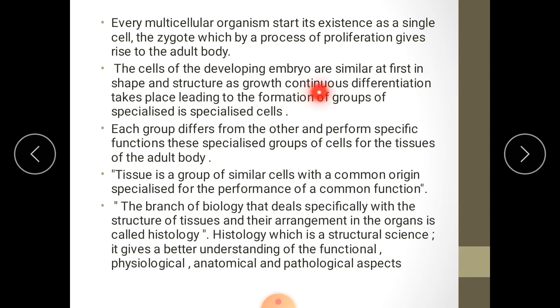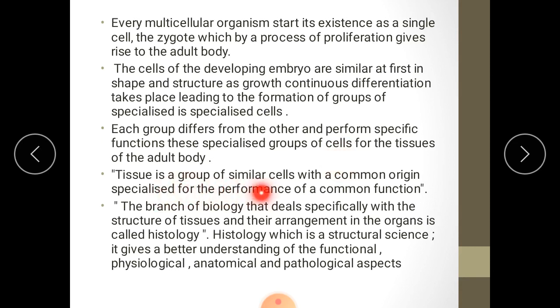So differentiation takes place, leading to the formation of groups of specialized cells. Each group differs from the other and performs specific functions. These specialized groups of cells form the tissues of the adult body. So similar type of cells together form tissues.